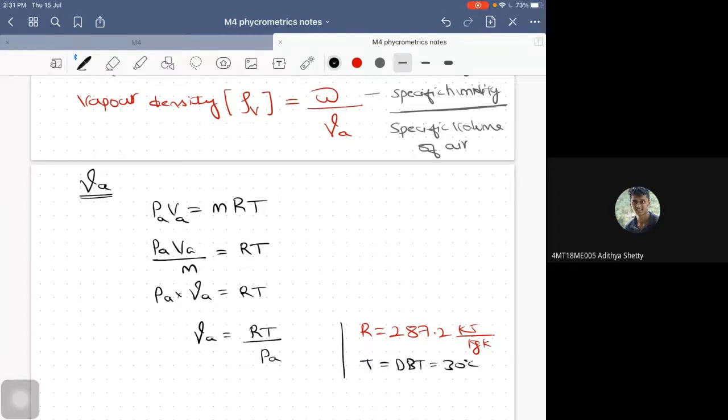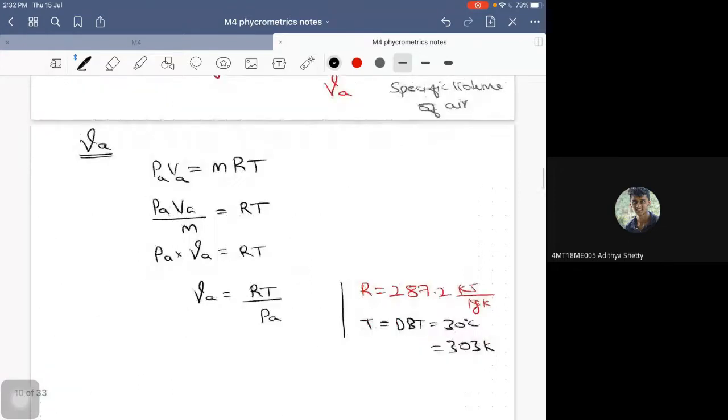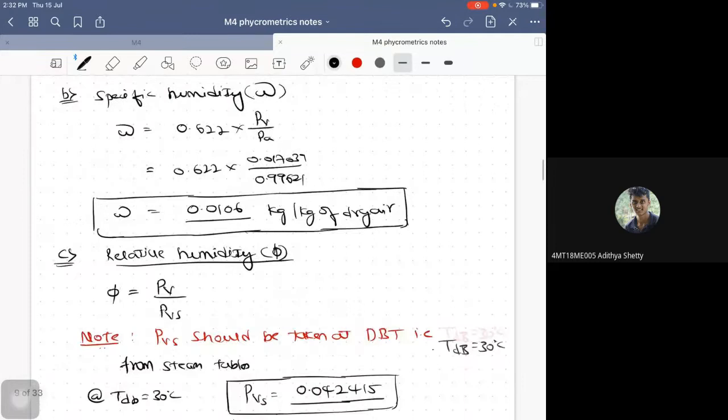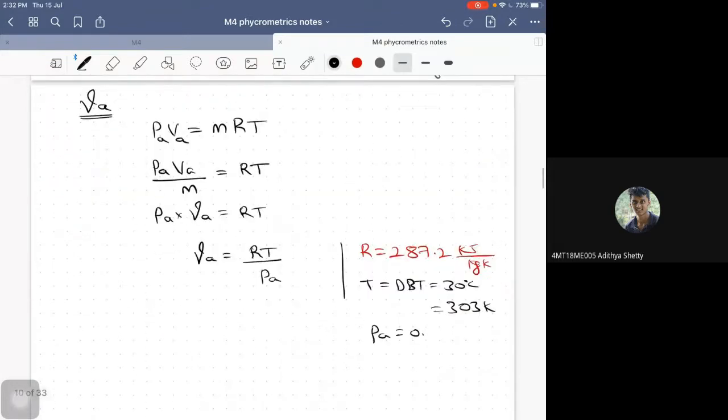You have to convert it to Kelvin. So it is 30 plus 273, 303 Kelvin. And PA, I guess you know the value. It is 0.99621 bar.